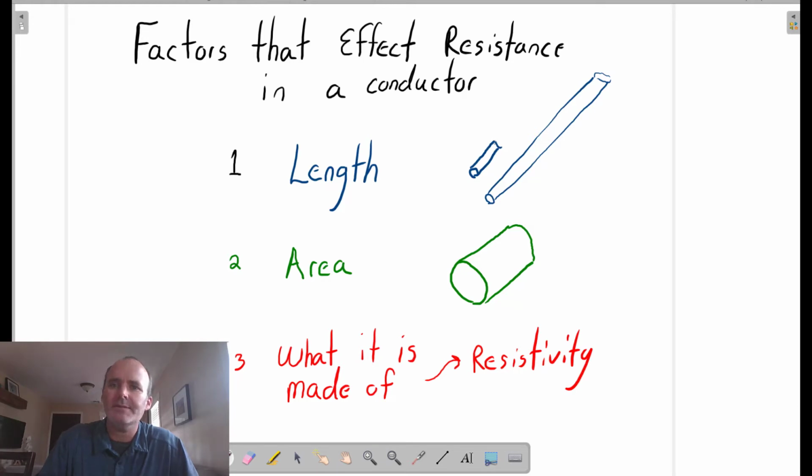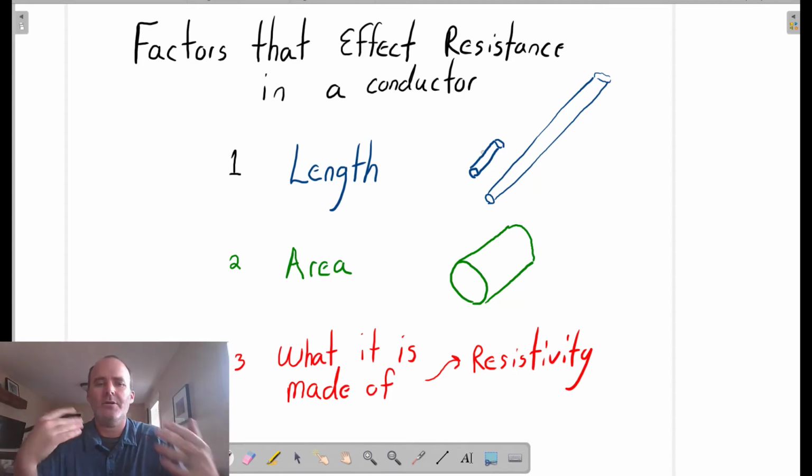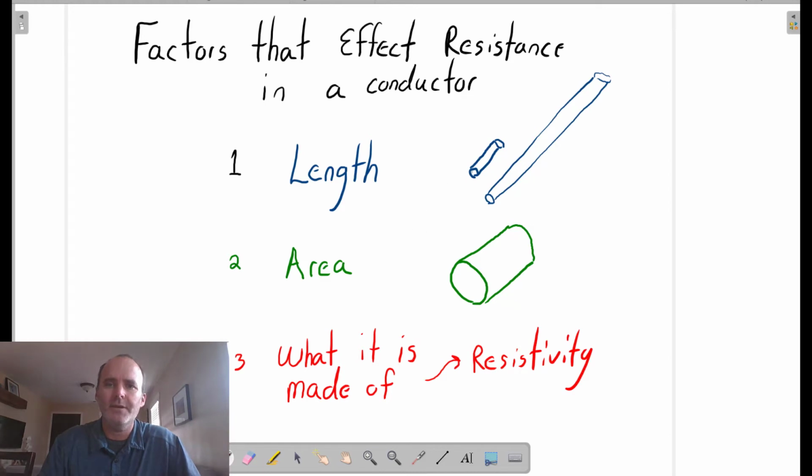That makes sense, right? The electrons are going to flow through the short one at a quicker rate. So if we increase the length, we increase the resistance. So increase L, you increase R.